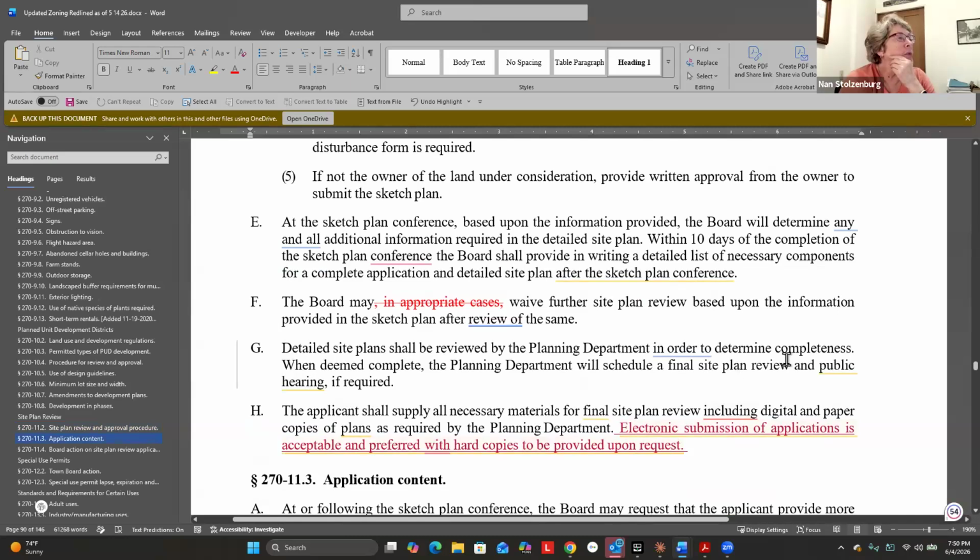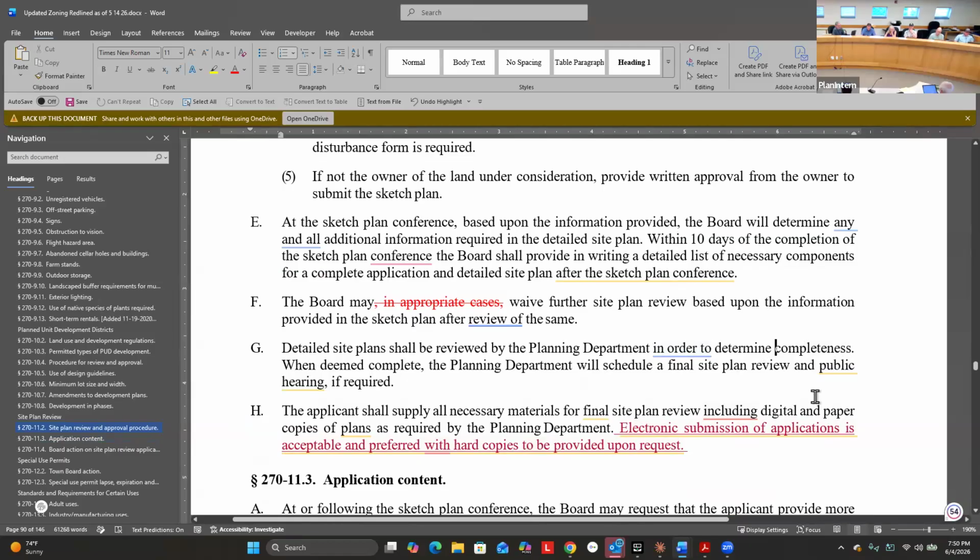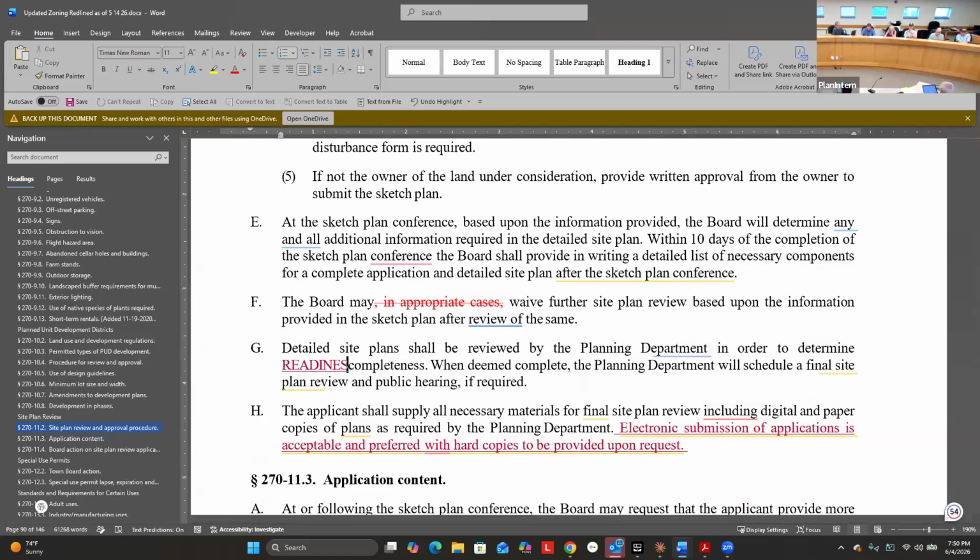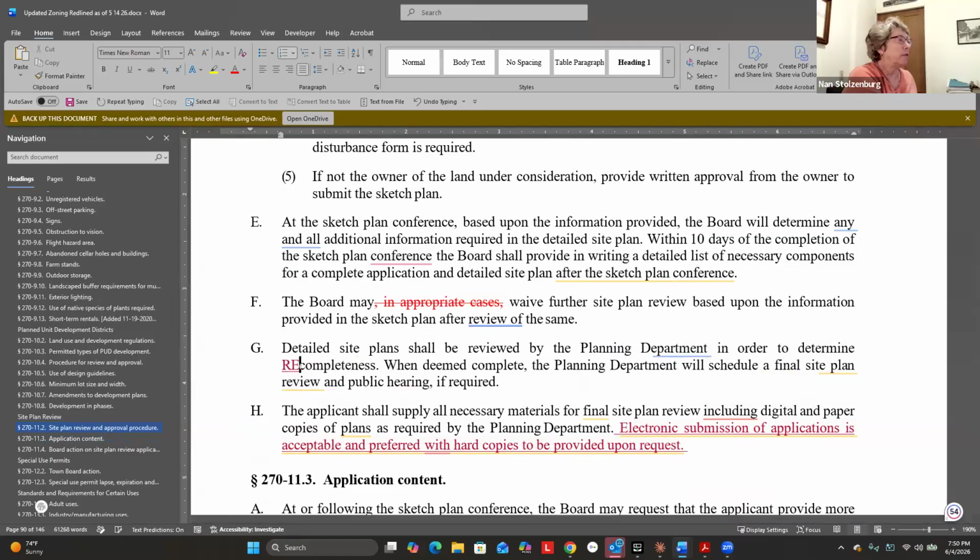I would say, instead of calling it completeness, use the words "in order to determine whether the application is complete for review." Or readiness for review, to determine readiness for review rather than completeness for review?